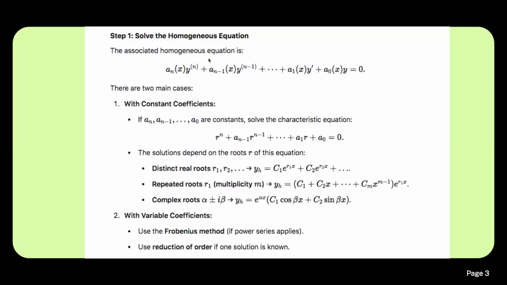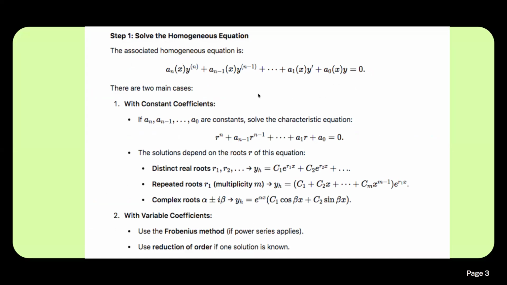Here, how to solve this question? Step 1, we solve the homogeneous equation associated with the original equation. It can be written with the left side the same, and the right side f(x) equals 0.